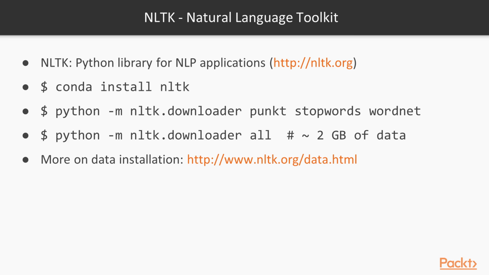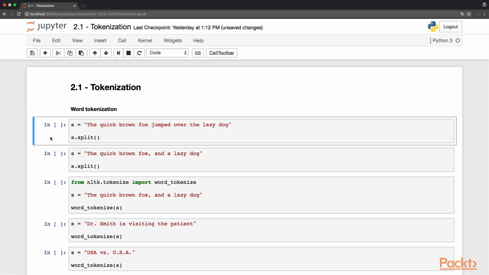So after NLTK and its data are installed, we're ready to dig into the code. Let's start with a simple example. Let's say we have a string representing a sentence, in this case the classic "the quick brown fox jumped over the lazy dog." So why not just use the split method, which is part of the string object?